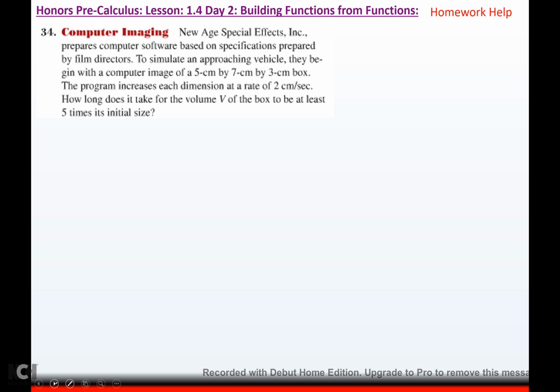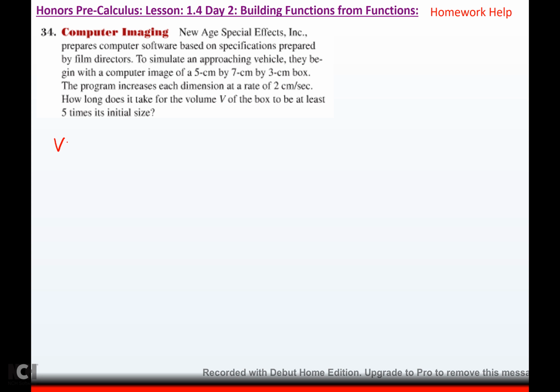Alright, this next one, it says New Age Special Effects Incorporated prepares computer software based on specifications prepared by film directors. To simulate an approaching vehicle, they begin with a computer image of a 5x7x3 box. The program increases the dimensions at a rate of 2 centimeters per second. How long does it take for the volume of the box to be at least 5 times its initial size?